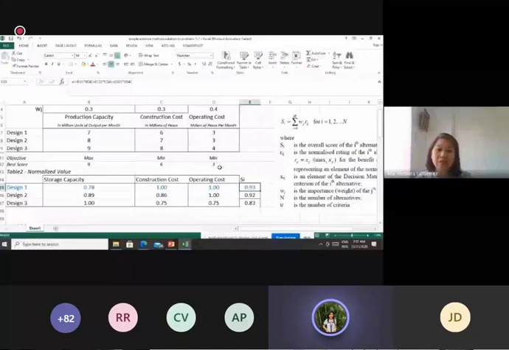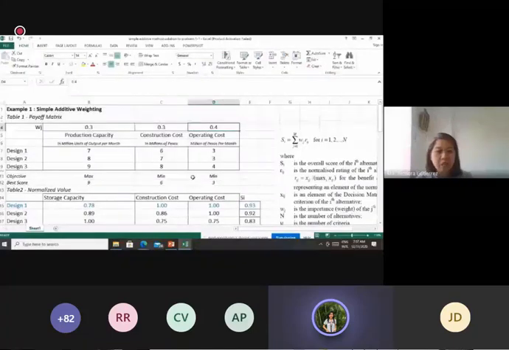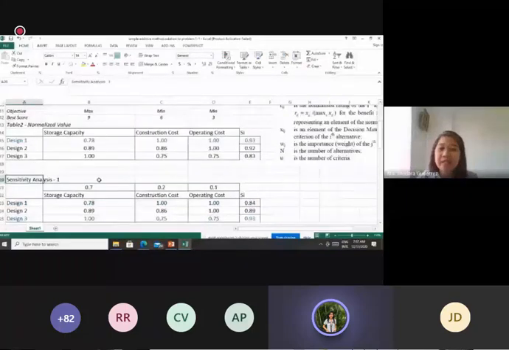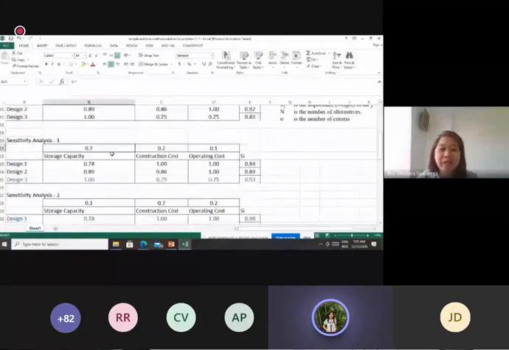What if I change my priority? I want to prioritize the capacity. So in this case, I will change the weight. So now I'll be conducting sensitivity analysis. So you have here 0.7, 0.2, and 0.1, which signifies that I prioritize the capacity over the other criteria.